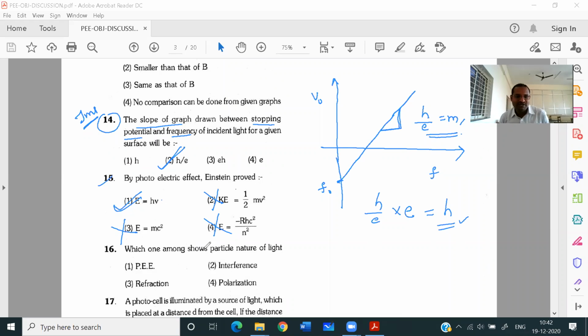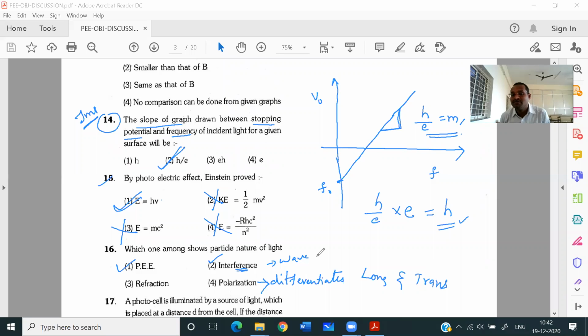Which one among these shows the particle nature of light? Particle nature of light can be shown by the photoelectric effect. Interference shows wave nature. Polarization differentiates between longitudinal waves and transverse waves.